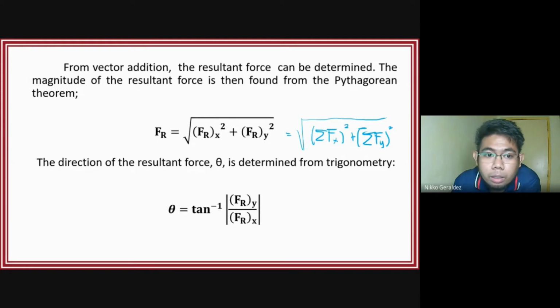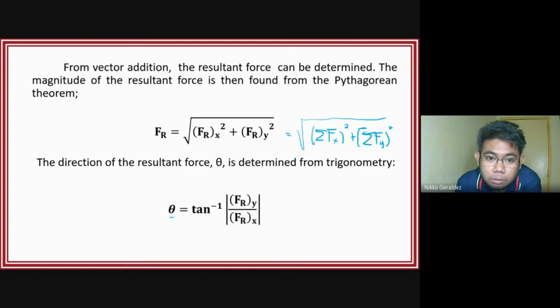Then, the direction of the resultant force, theta, is determined from trigonometry. Angle theta is equal to arc tangent, or inverse tangent, of the y component over x component. Absolute value, yung positive values lang yung kukunin natin.